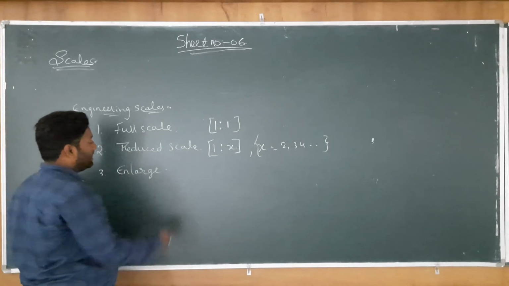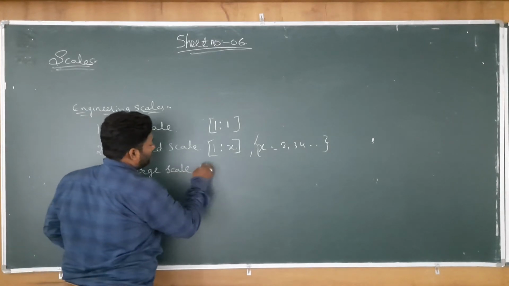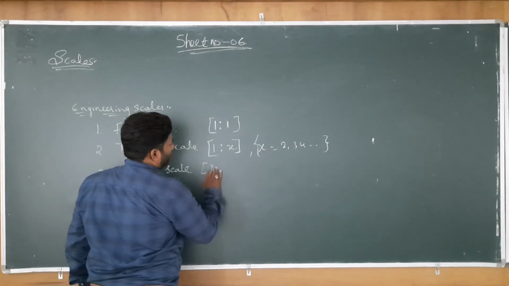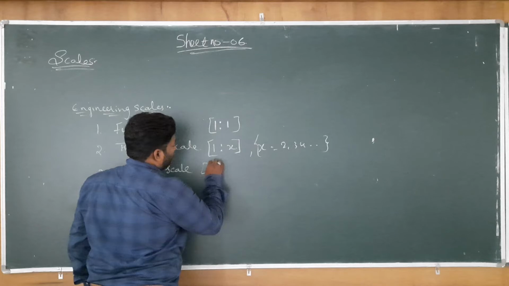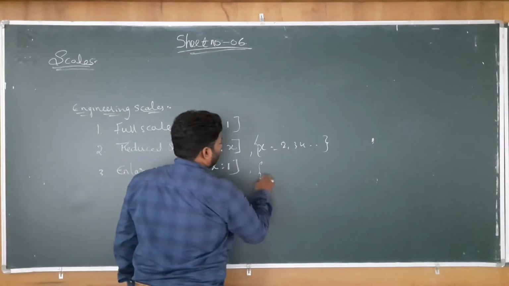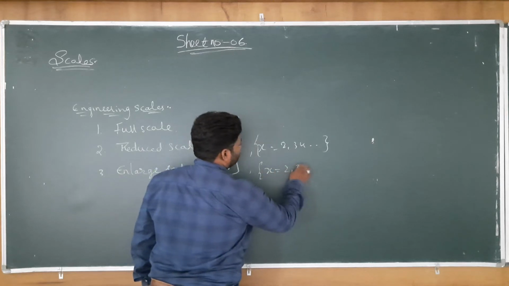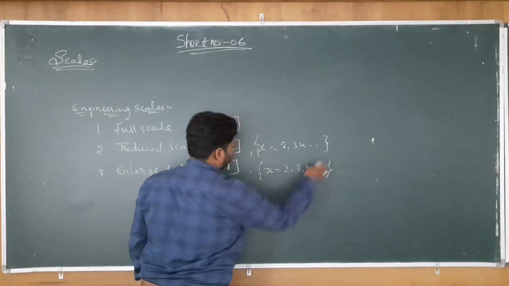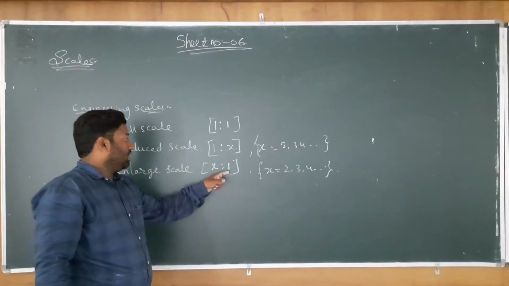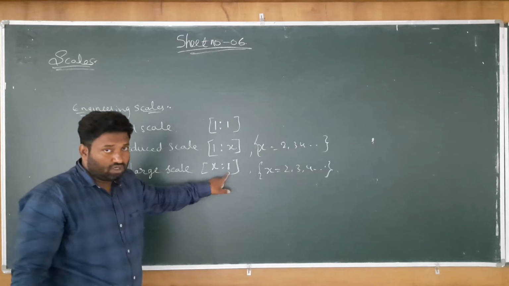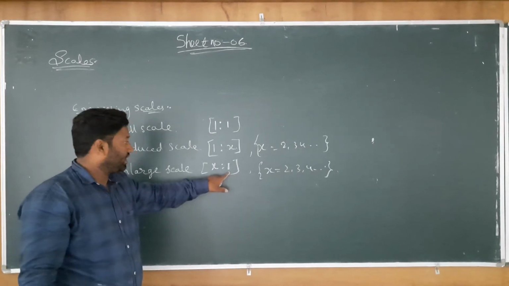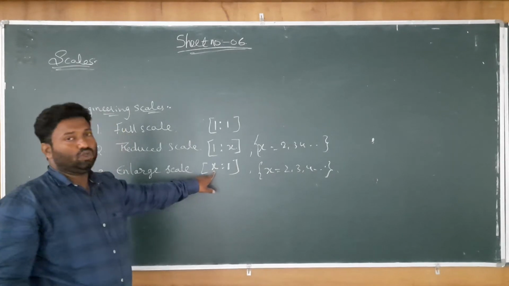So, the next one is the enlarged scale. In the enlarged scale, the ratio is x is to 1. Here again, x is equal to 2, 3, 4, and so on. Whatever the length of the actual element is, we are taking that as 1, and if we want to draw the diagram in the drawing sheet, we are assuming that value as x.